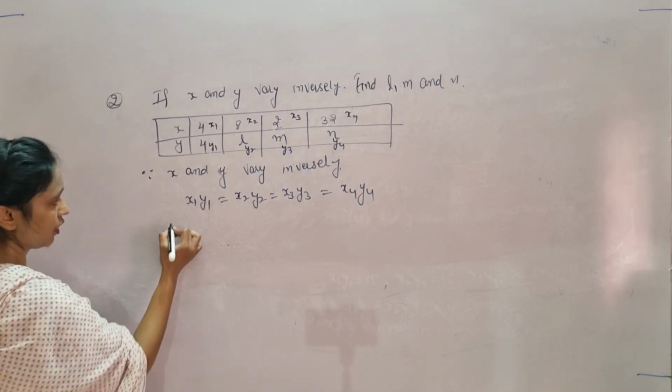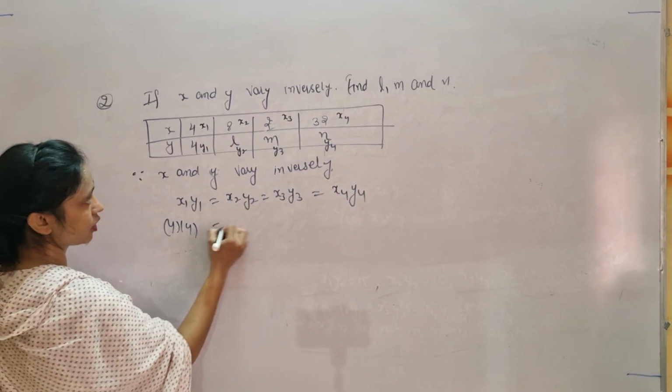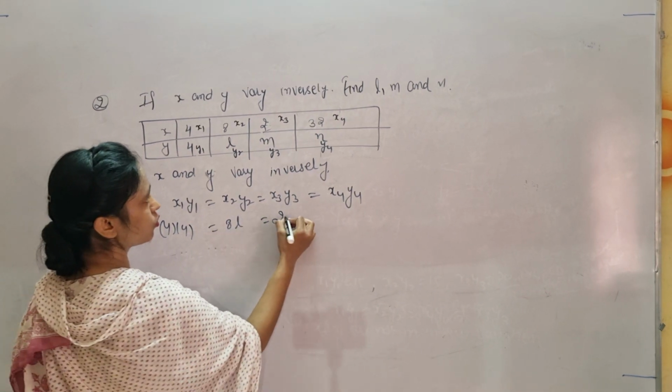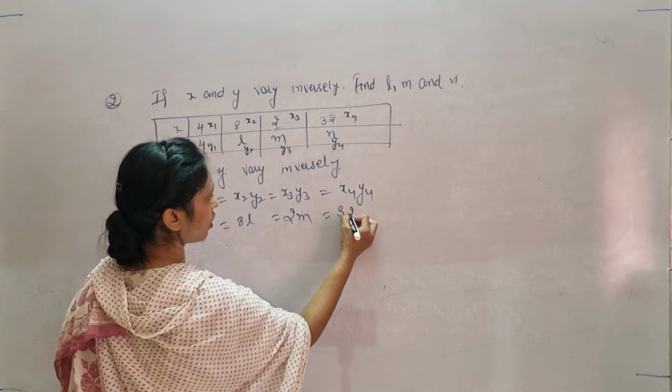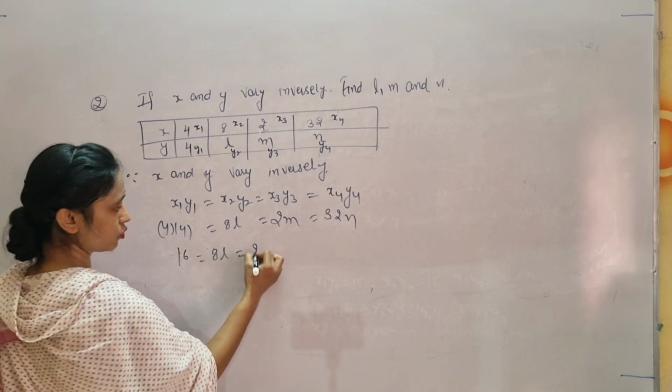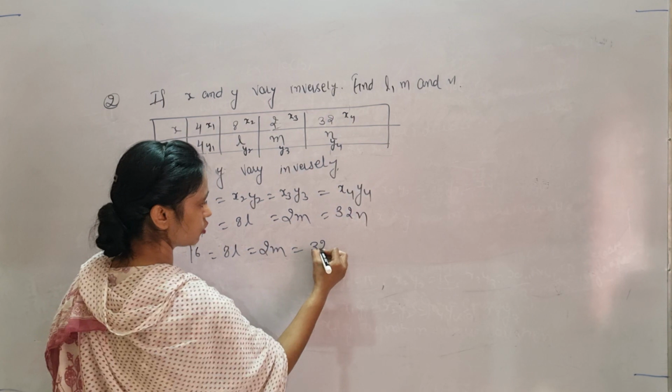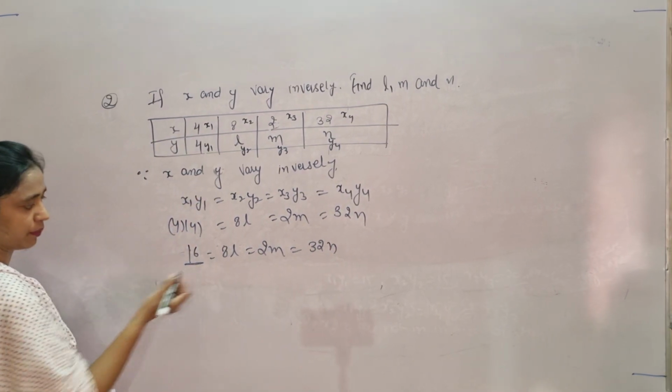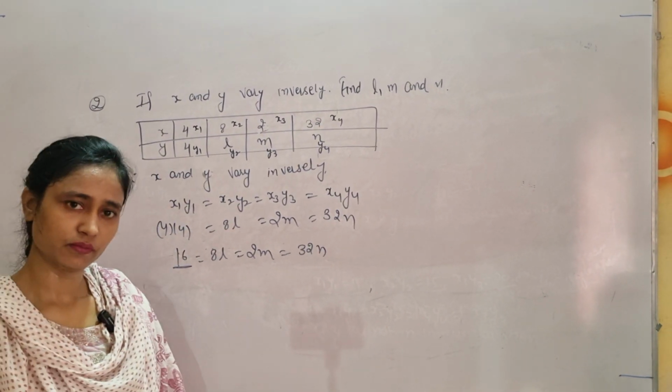Put all these values here. 4 into 4 is equal to 8 L is equal to 2 M is equal to 32 N. 4 into 4 is 16. Okay, this very first member is constant.